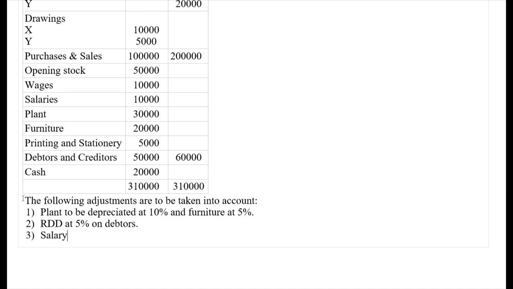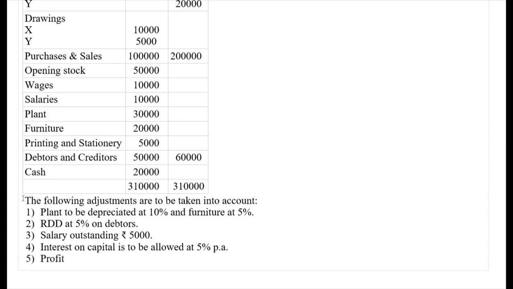Salary outstanding rupees 5,000. Interest on capital is to be allowed at 5% per annum. Profit and losses are to be shared equally.